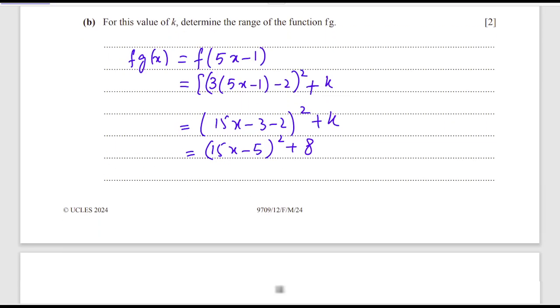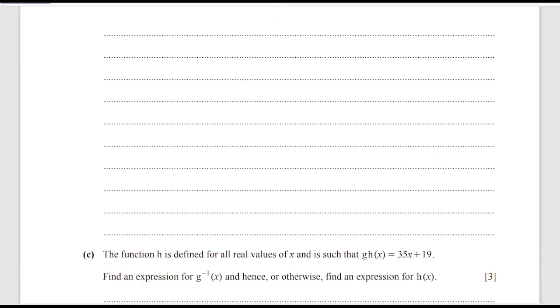Now again we have a complete square form of a quadratic with a positive a. So again it's an upward opening quadratic with a vertex at (1/3, 8). So the range of fg will be fg of x greater than or equal to 8, because it's an upward opening quadratic with y coordinate of vertex 8.